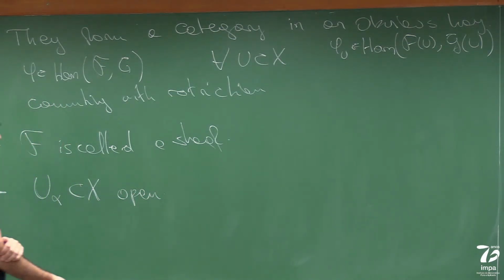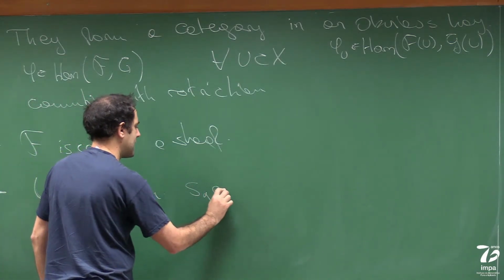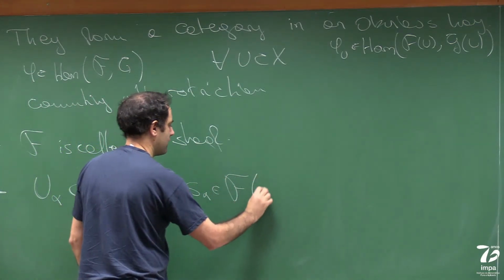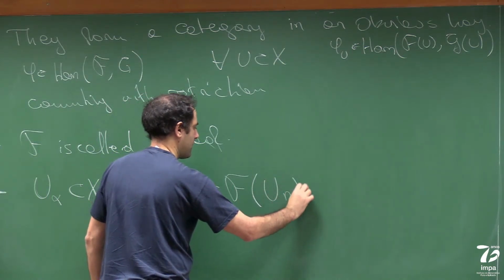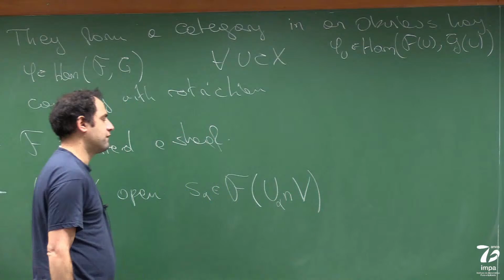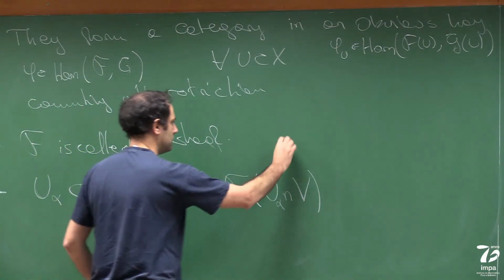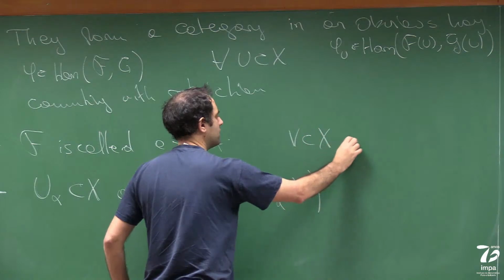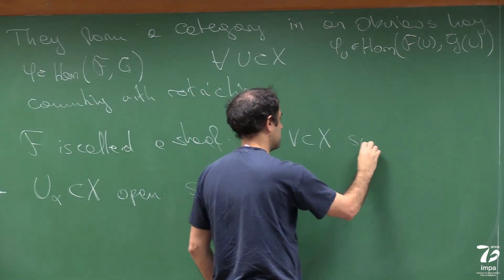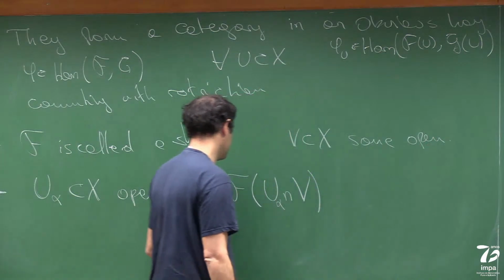and S alpha is a section on U alpha intersected with V. V is some given open in X. You can take V to be just X, but I'll need this in a second.